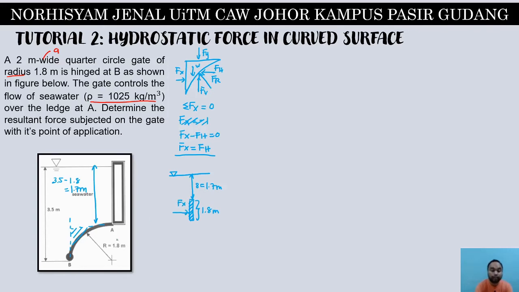Fx should equal to rho g yc sin theta A, but first we need to find yc. yc is S plus R over 2, equals 1.7 plus 1.8 divided by 2. So yc should equal 2.6 meters.